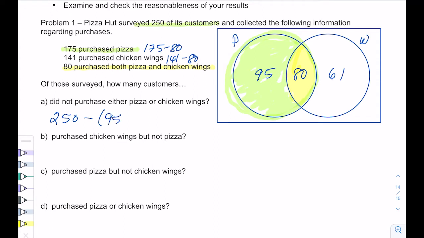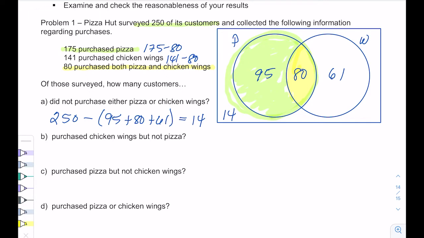So I'm going to have 250 minus (95 plus 80 plus 61). And when I calculate all of that, I'm going to get 14. So that 14 I'm going to place inside the rectangle. And that represents, again, those who didn't purchase either pizza or chicken wings.